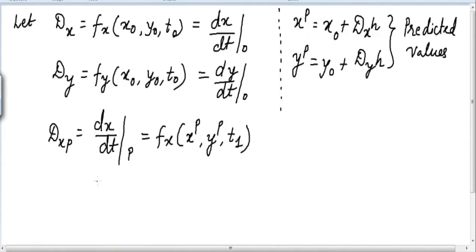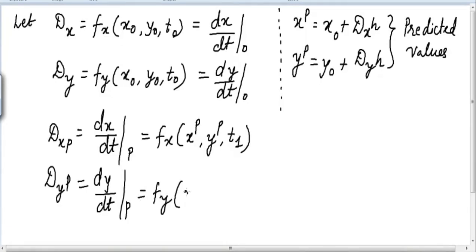Now we have started with the time intervals. Similarly, dy predicted is equal to dy by dt predicted, that is equal to fy of xp, yp and t1. Now the corrected values. सो अभी जो करेक्टेड वैल्यूज हमें मिलेंगे वो कैसे मिलेंगे?